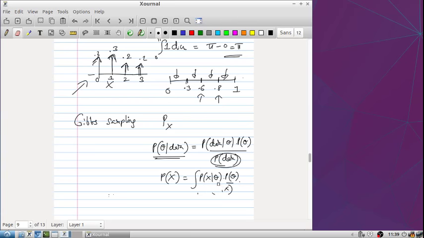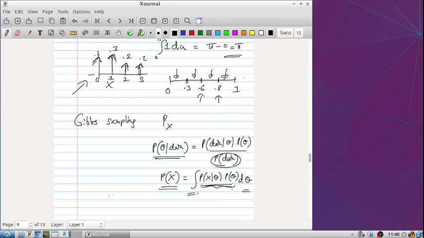Times d theta. Here I just said that this thing inside, p of x given theta times p of theta, is just p of x comma theta. We know the joint distribution between two random variables splits as one marginal times one conditional. And this is a marginal distribution, p of x is just integrating out the second random variable over the joint distribution, right?